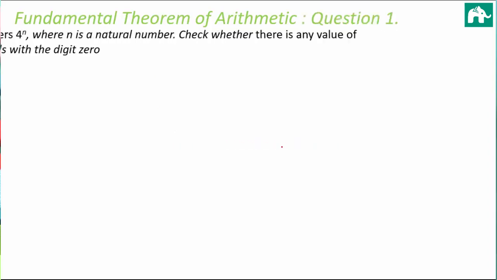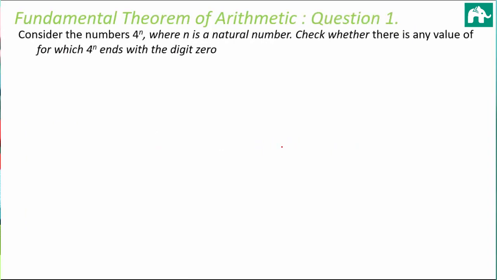Let's look at a few questions. Question number 1. Consider the numbers 4 to the power n, where n is a natural number. Check whether there is any value for which 4 to the power n ends with digit 0. Now please remember this logically, that if any number is ending with 0, that number will be divisible by 5. That's a matter of fact, right?